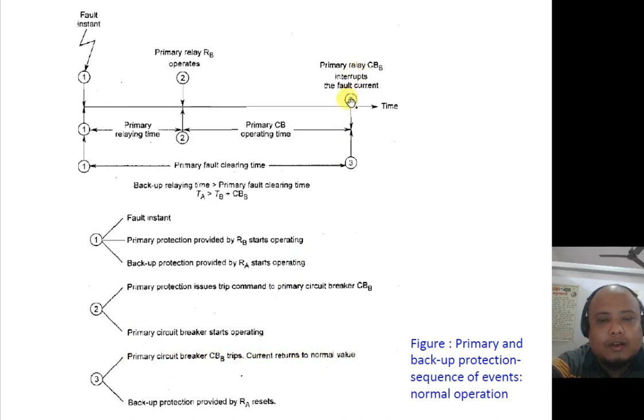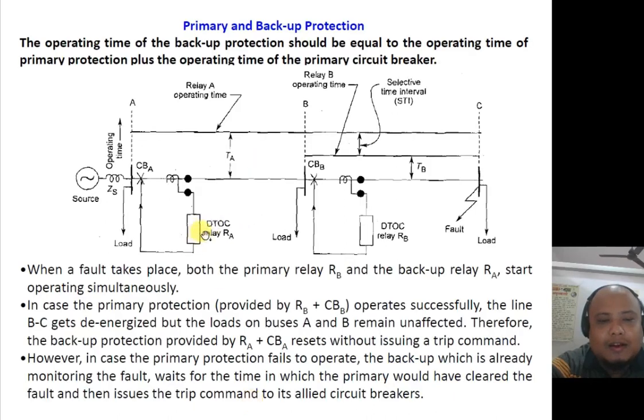So as soon as current goes back to normal value, the backup protection provided by RA resets itself instead of issuing trip command to its circuit breaker. So that means the operating time of this relay has to be equal to operating time of this plus operating time of this. Until these two operating times are completed, it should not send trip command to its circuit breaker.